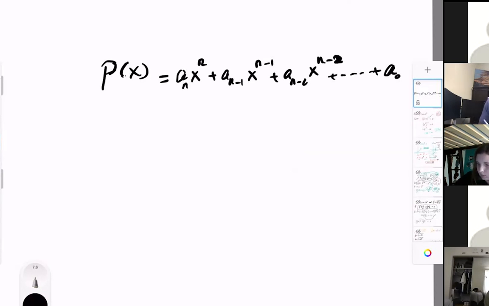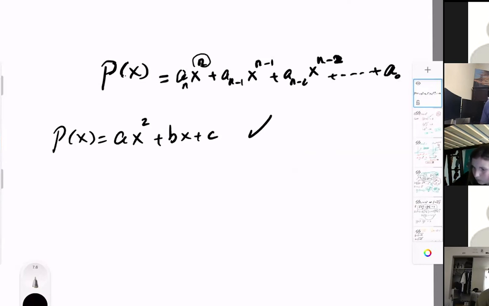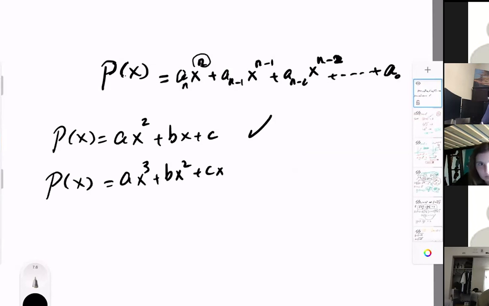So far we know p of x equals ax squared plus bx plus c very well. Quadratic, we know what it looks like, the solutions, the zeros, everything. We also know about cubic, which is ax cubed plus bx squared plus cx plus d. We know a little bit. We know how the graph of the cubic function looks like a chair.